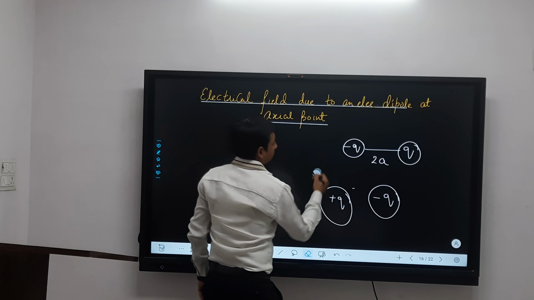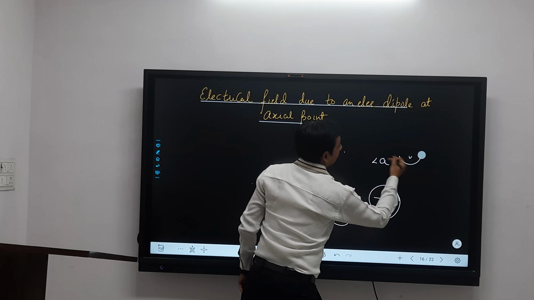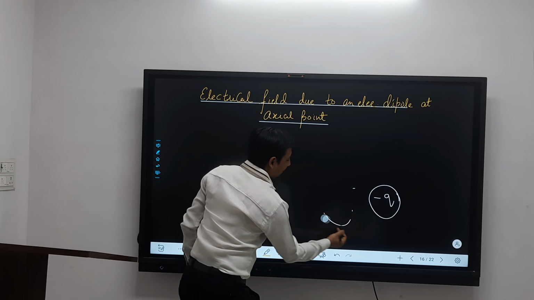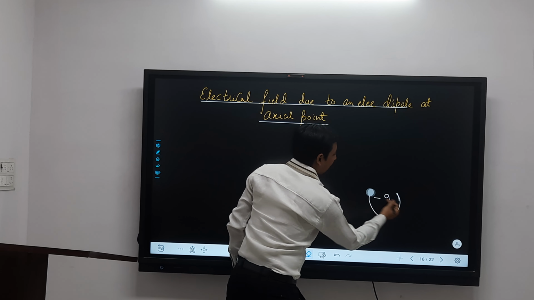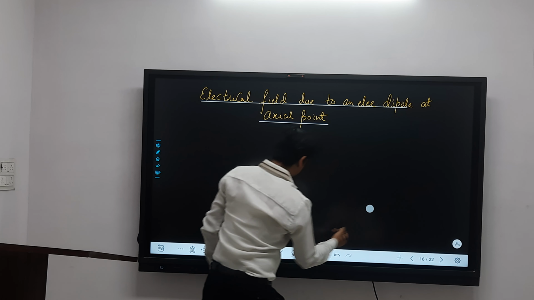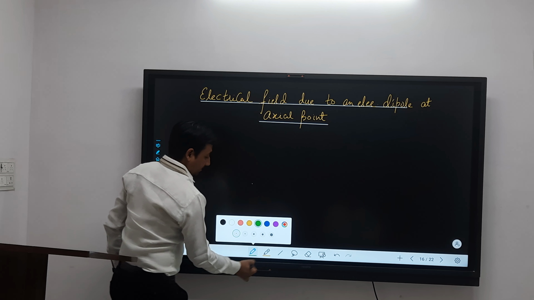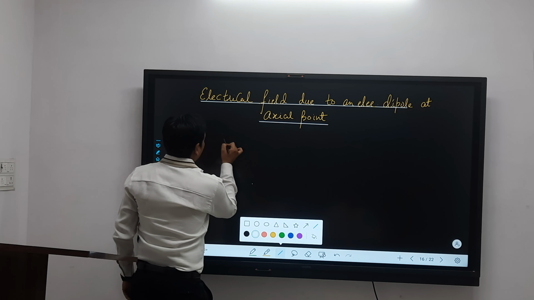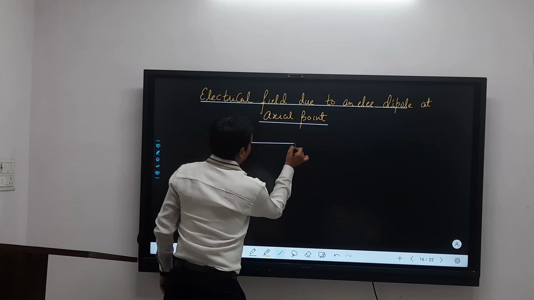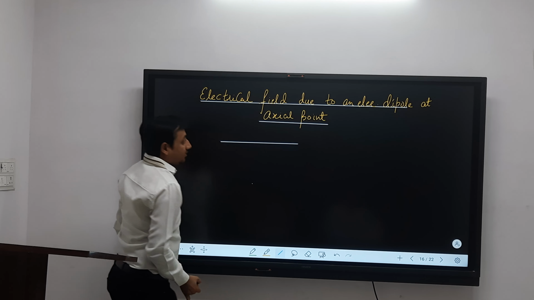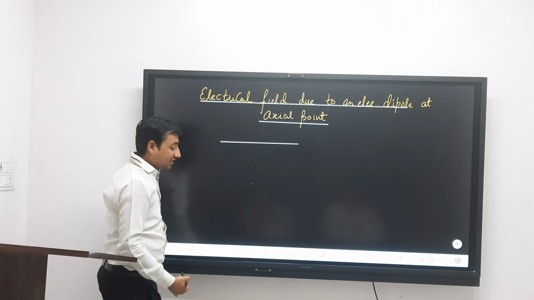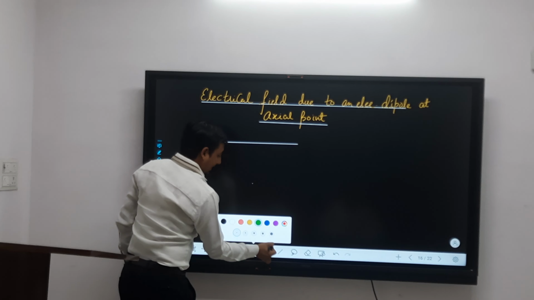First, we will draw the electrical dipole, calculate the electrical dipole moment, and then find the electrical field due to it. What is written here is the axial point.